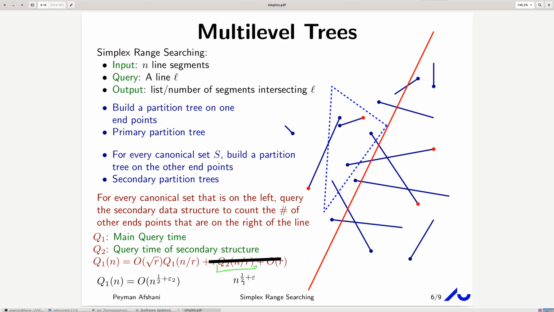Again, in the exercise classes, we're going to show that this solves to this value. So essentially it solves to roughly square root n query time, but it allows us to do multi-level queries.